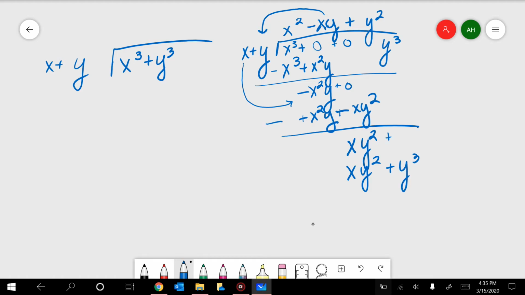I'm going to bring down this y cubed right here, and now I'm going to subtract everything. So this becomes negative, and this right here also becomes negative. That gives me a 0. So my answer to this problem is x squared minus xy plus y squared. Okay?